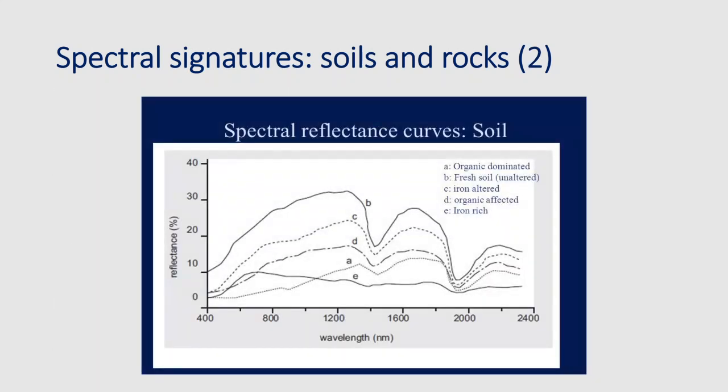And so, for example, you see here, when we are checking the spectral signature, we have the percentage of reflectance ranging from the blue band to the mid-infrared band, and you see we have different soils. For example, the curve B is fresh soil, the curve A is organic dominated, the curve C is iron altered or organic affected, and D and E are iron rich.